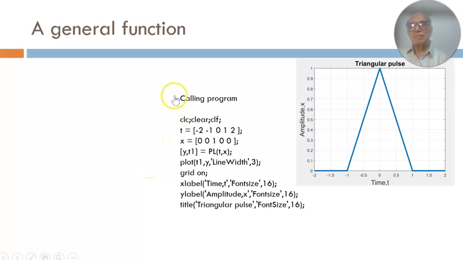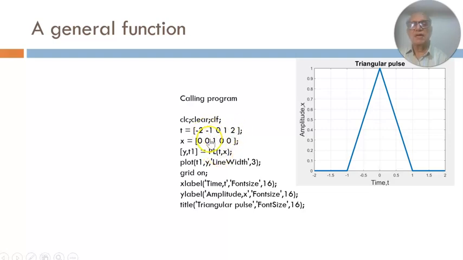So here, what I have explained is really the calling program. That will tell you how easy it is to use once the function is developed. All you have to do is to give the endpoints of all the straight lines for the time vector as well as the amplitude vector. Simply call the piecewise linear function, which I have named PL, and pass these arrays.